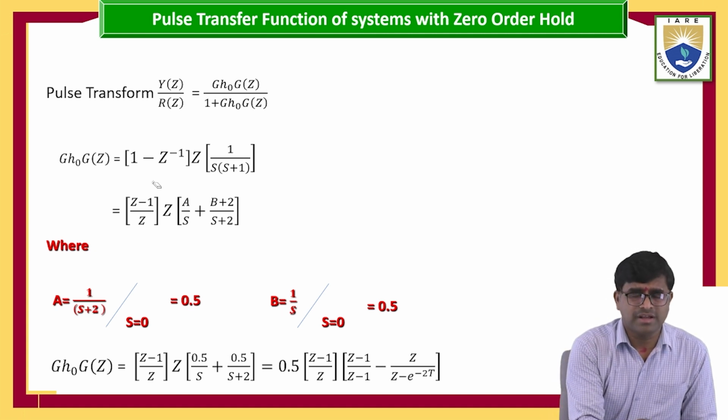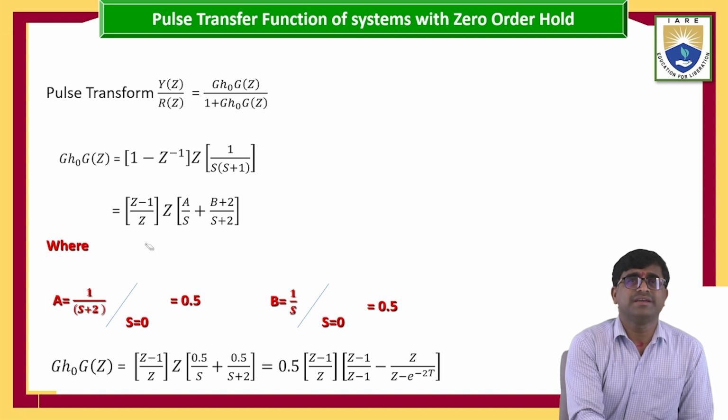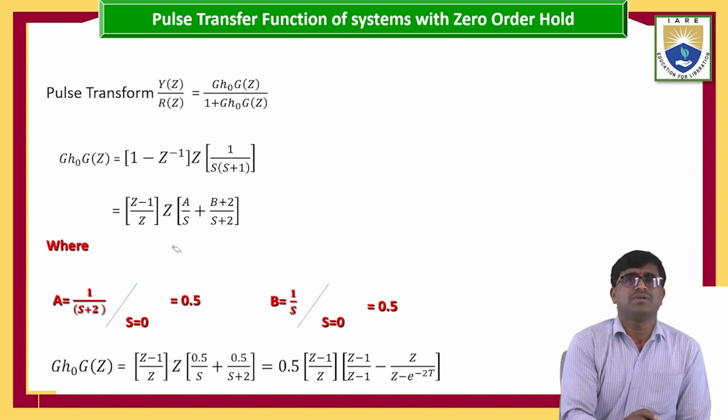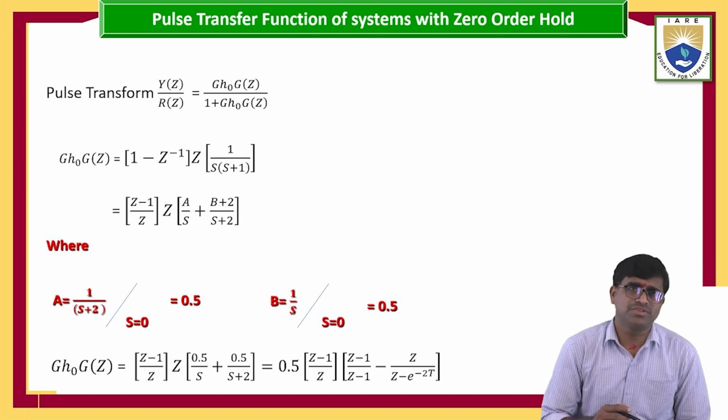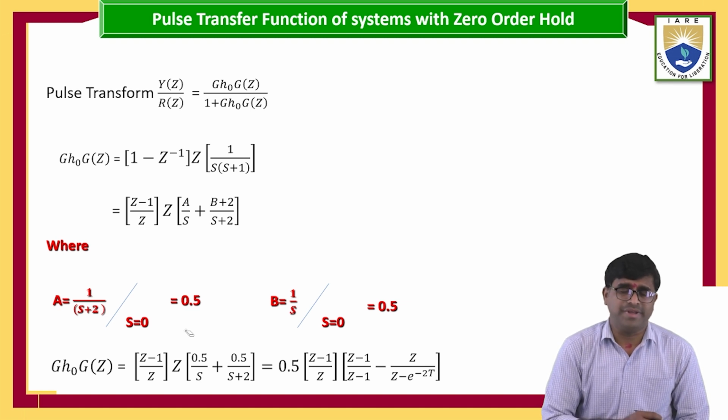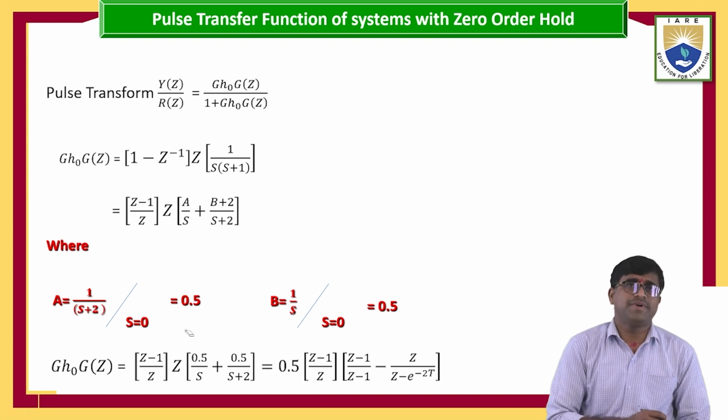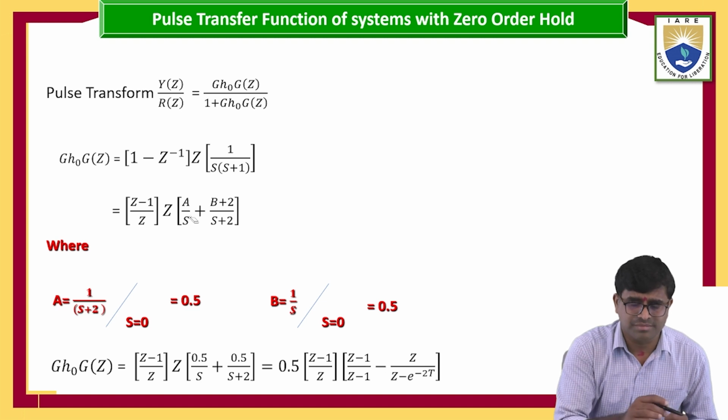Here the inverse is cancelled. How can you find A? A equal to the total function into that value. If you substitute s equal to 0, A value is 0.5 and B is 0.5.